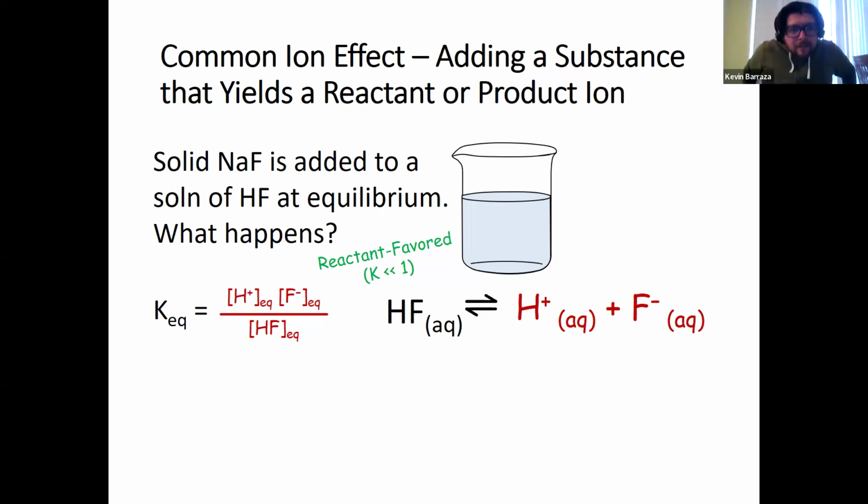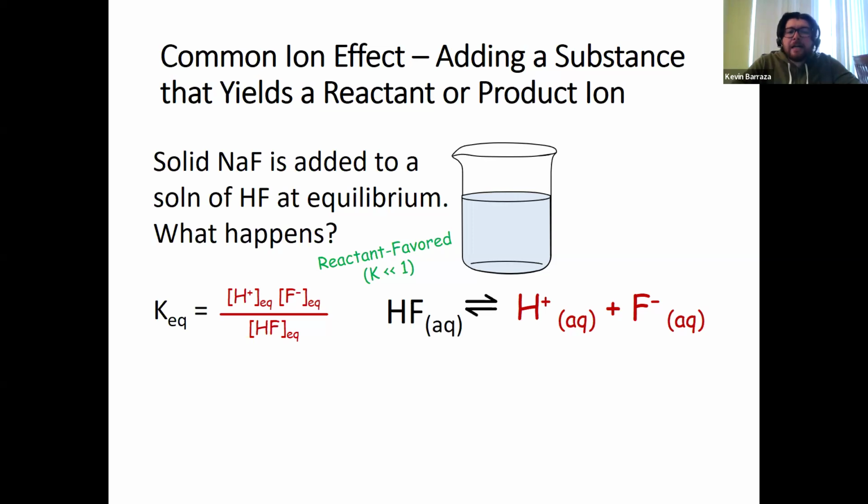Solubility rules: sodium salts, sodium is an alkali metal, always soluble, so it'll break apart. So on the one hand, we'd say NaF doesn't actually appear in this, and it's a solid. We have to think beyond that. We have to think about what we know about the properties of some of these things. So NaF is a solid, and it is not a part of this reaction, so we think it's not going to change anything.